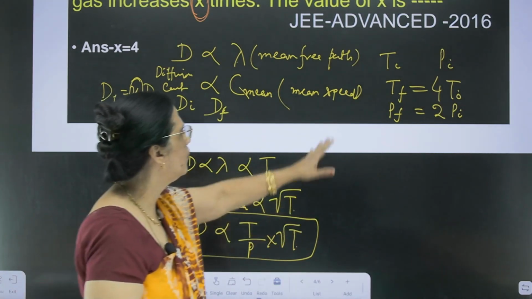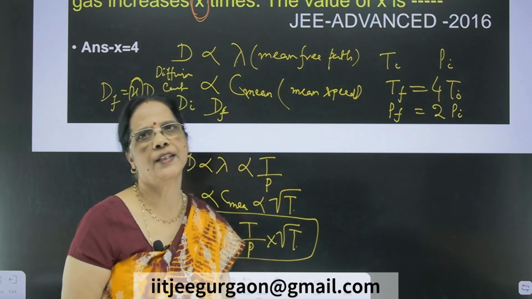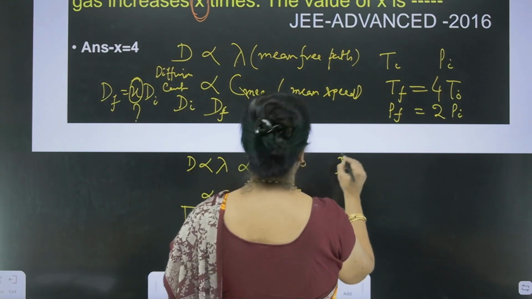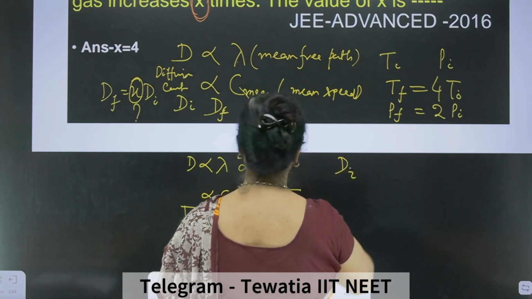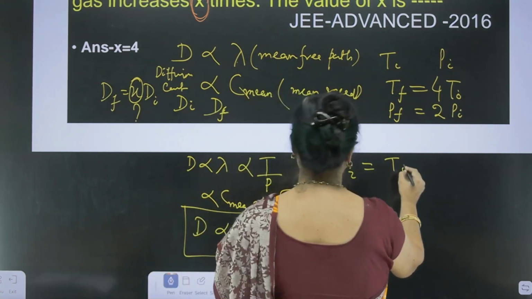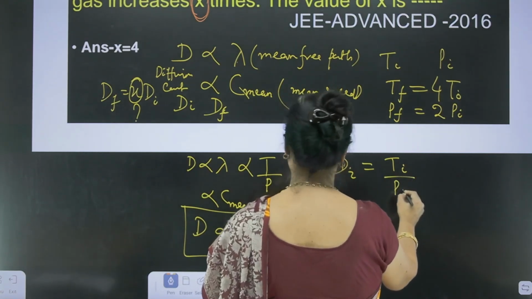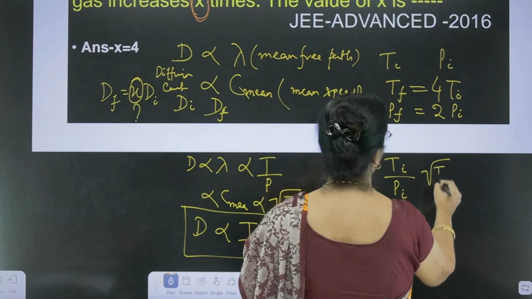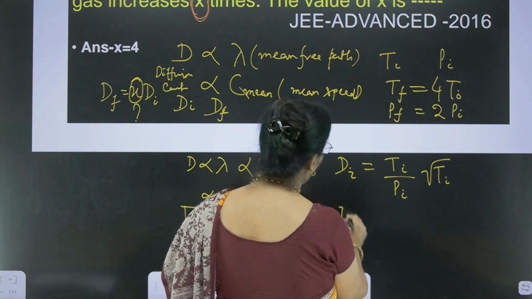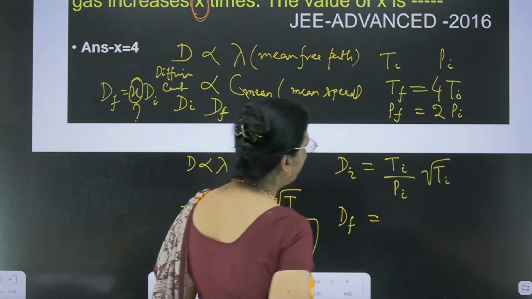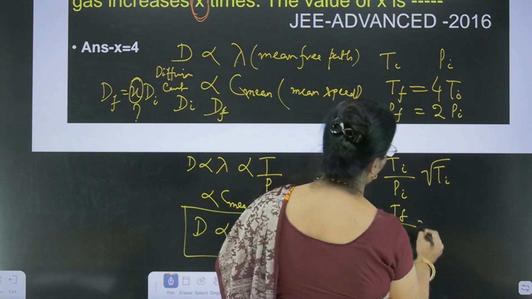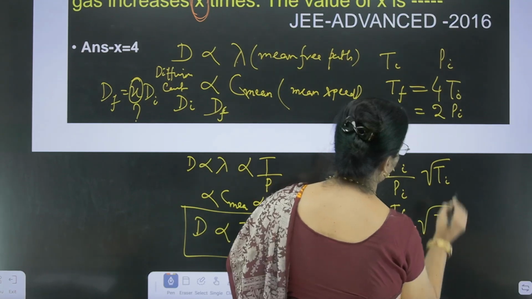Now let us put in the values for the initial and final diffusion coefficients. For the initial, we can write Di as Ti by Pi into root Ti. For the final diffusion coefficient Df, we can write Tf by Pf into square root Tf. Clear?